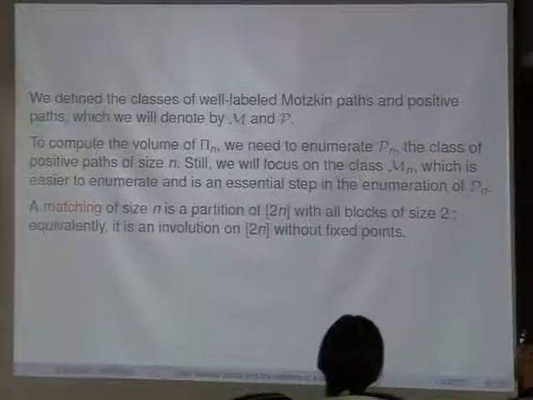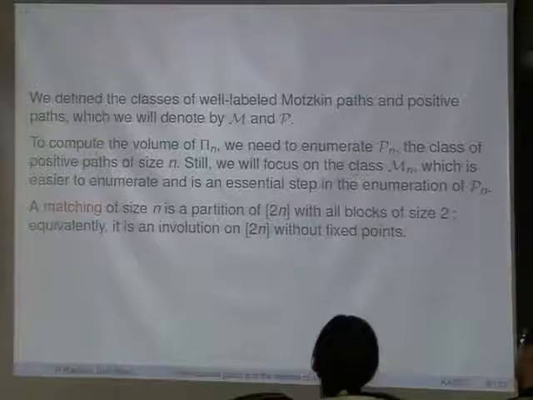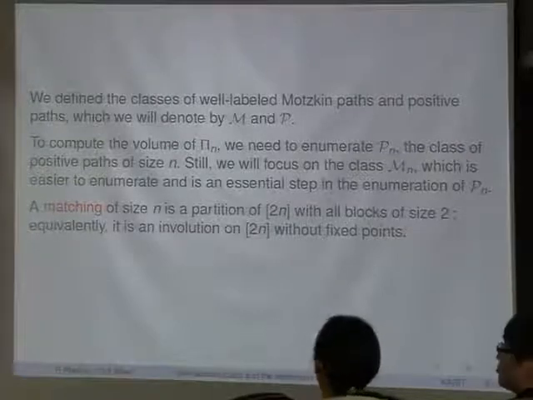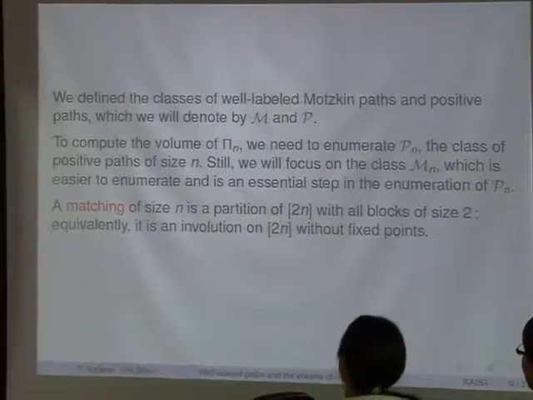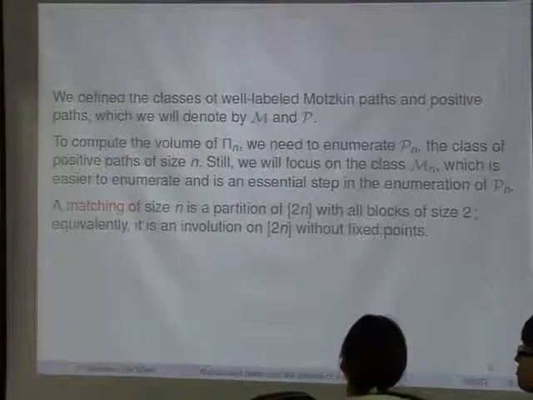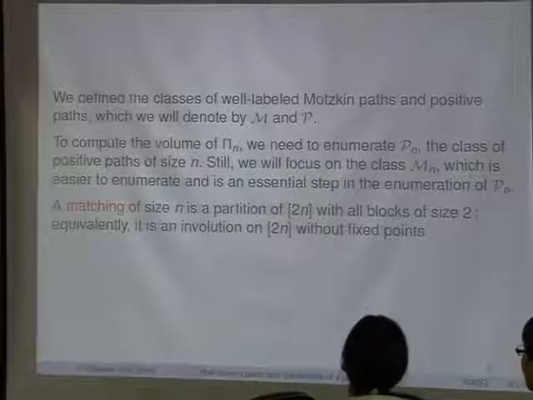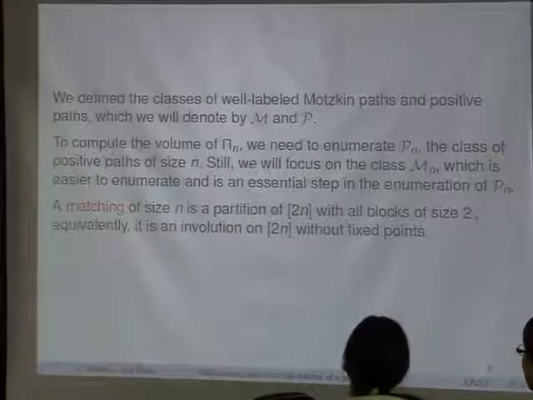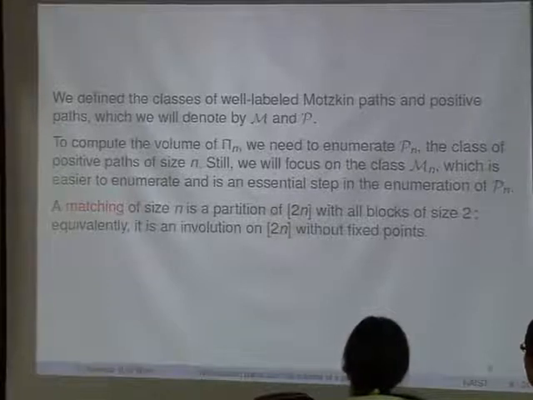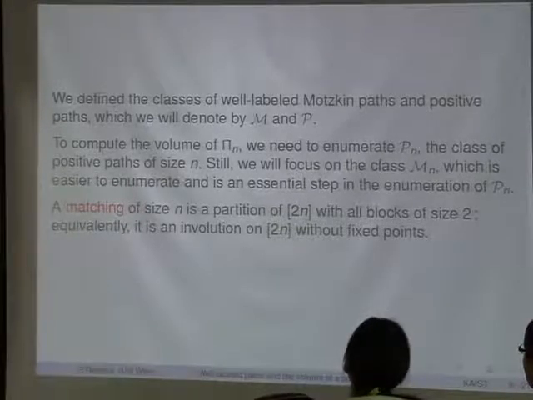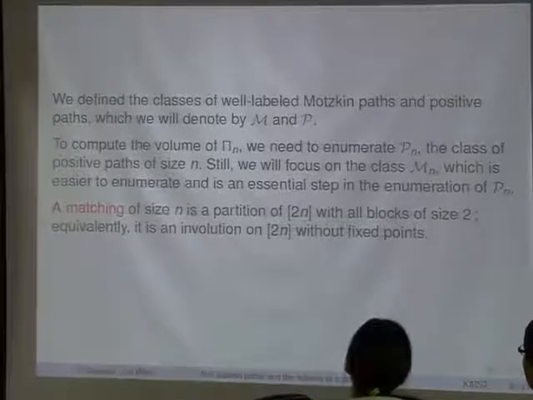So to do bijective proofs, we have to find something that is counted by this quantity. In combinatorics, a normal object, let's say, is what I call a matching, also called a perfect matching in general. It's just a partition of 2n points into blocks of size 2, or an involution on the points from 1 to 2n without fixed points.